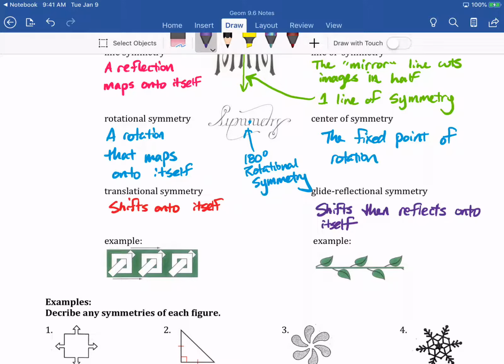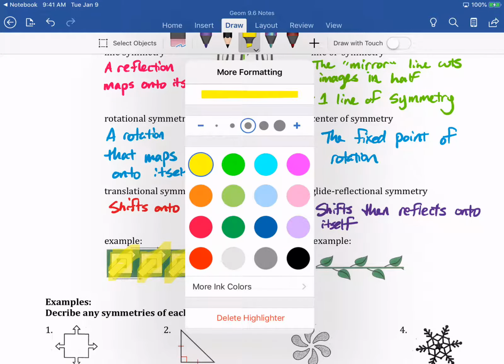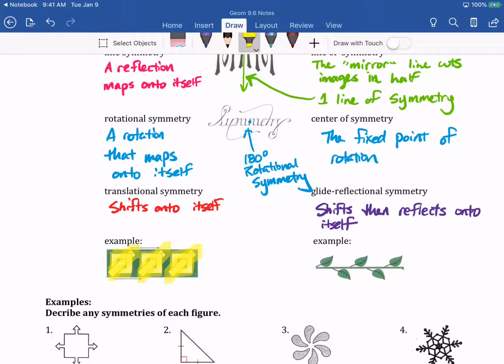This is actually an example of translational symmetry, because if you notice, this square with this slash through it shifts to the right, and it's the same thing here, and shifts again to the right, and it's the same thing here. Same with these leaves here, but this is a glide reflection.